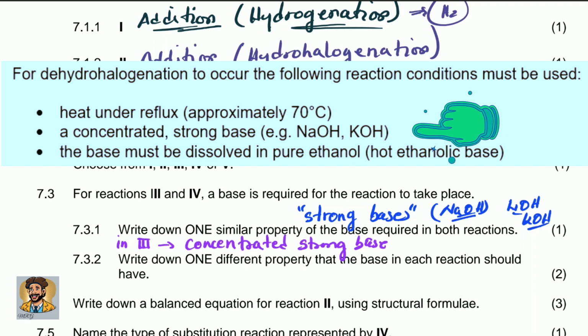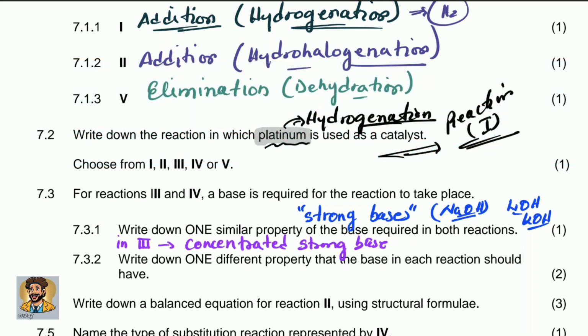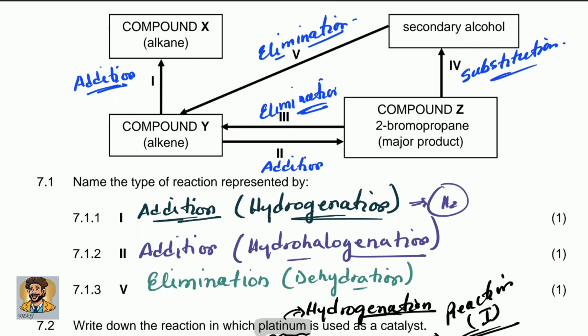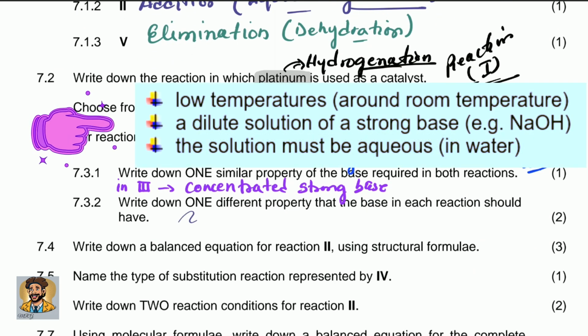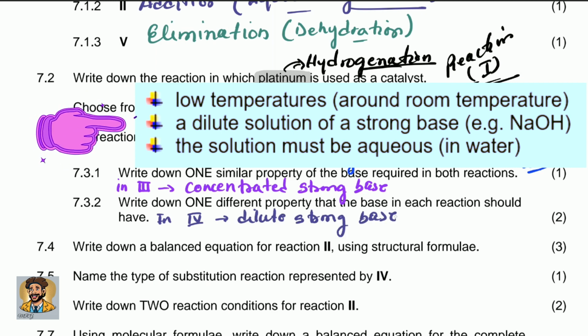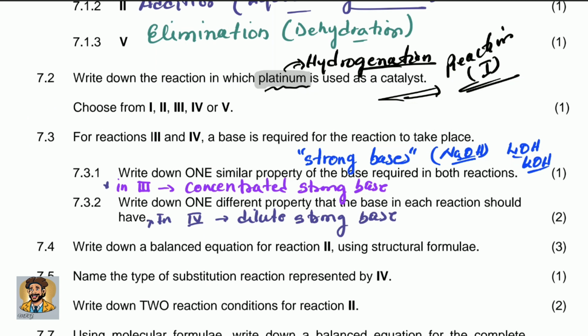And during substitution, which in this case was reaction 4, you need the dilute solution. Those are the differences between the two of them. The similarity is that both are strong bases.